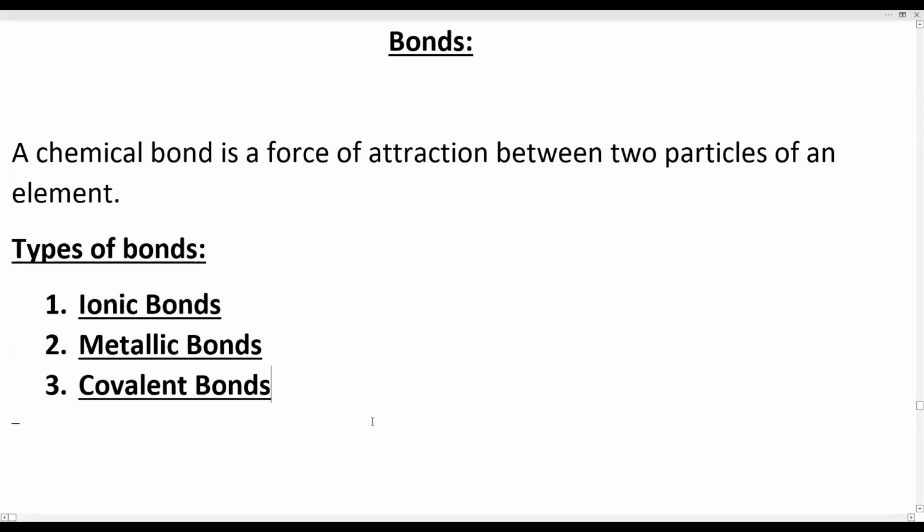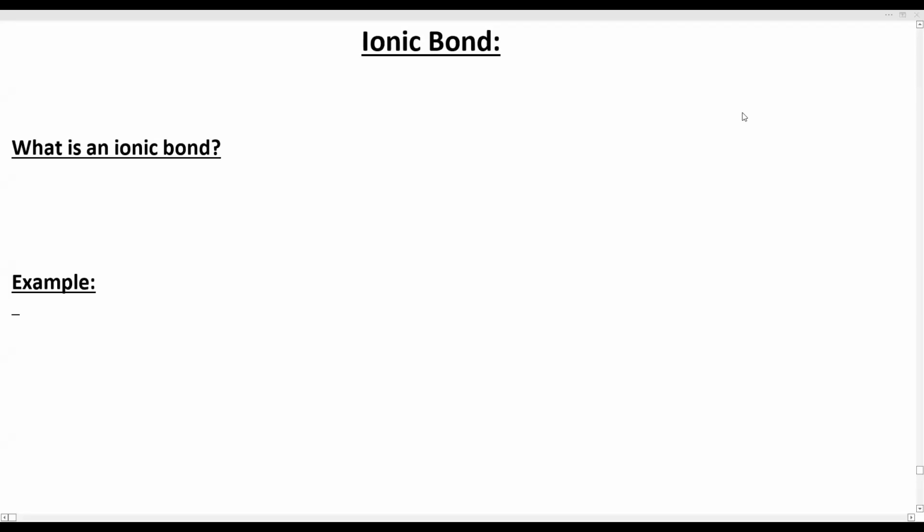So we will now be looking at each of these bonds in more particular detail, and we will start with the ionic bond. Looking at an ionic bond, we'll need to consider what an ionic bond is, and we'll take a look at an example of one.